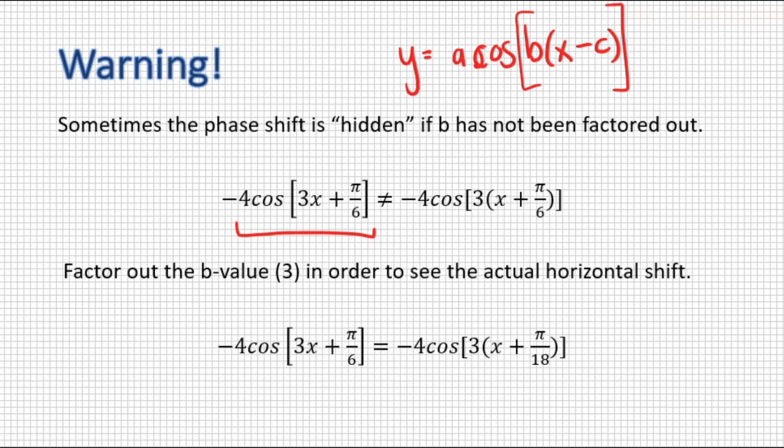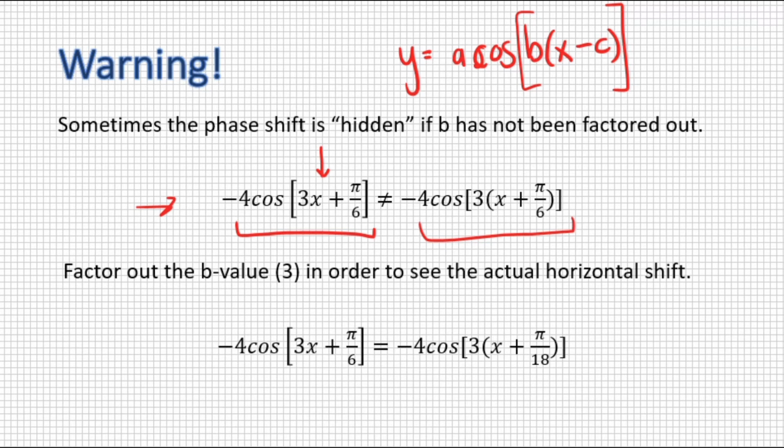So looking at the form that's given to you and looking at what I see here, the x is not by itself within brackets. So that means I need to factor out the 3, because the left side up here is not the same as this right side, because the 3 would come out of both terms in brackets.